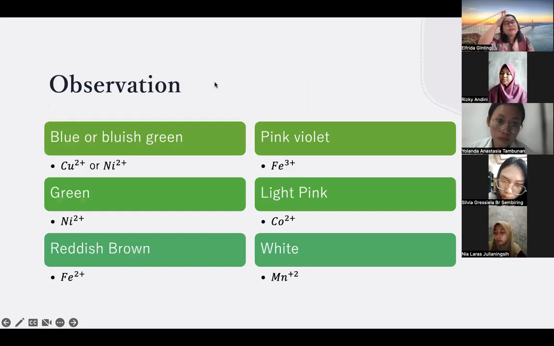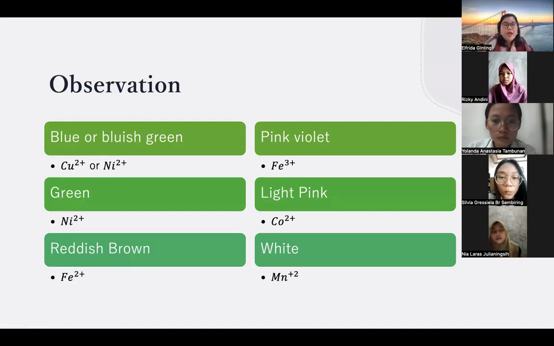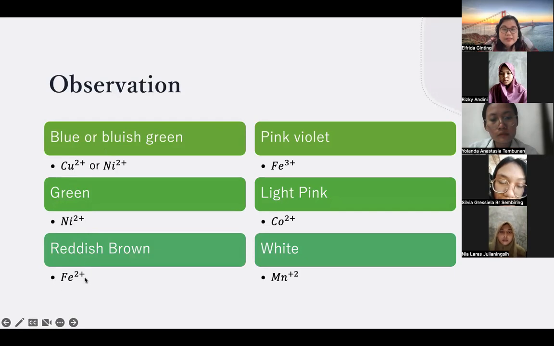Now, observation. If you have copper 2+, you have blue or bluish green. Nickel 2+ is green. If you have iron 2+, the color will be reddish brown.